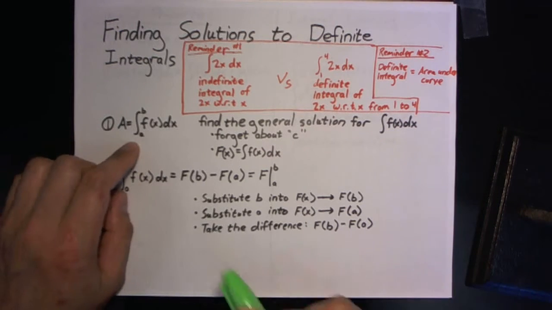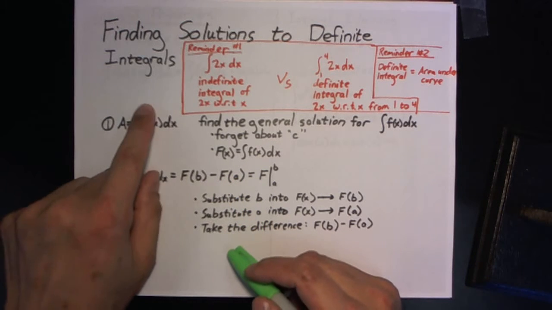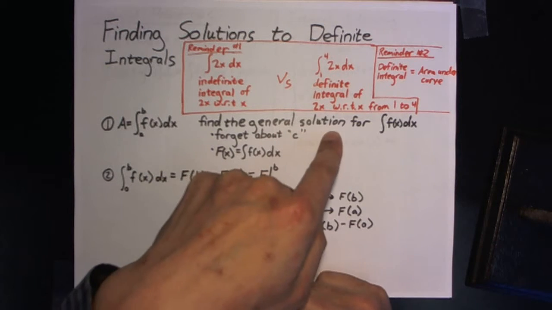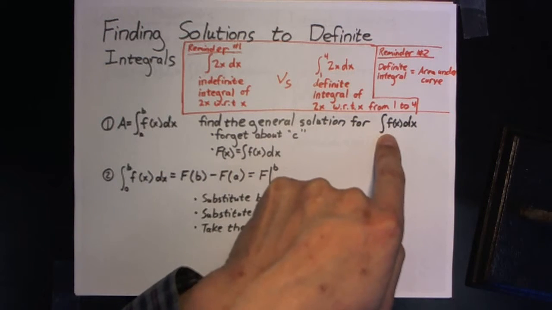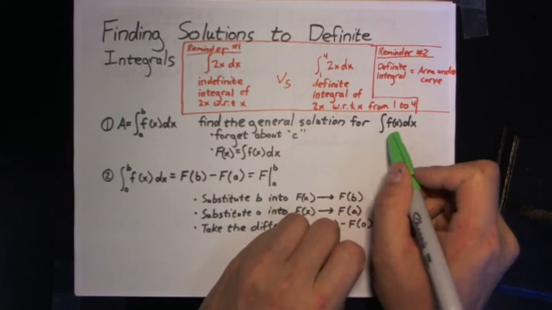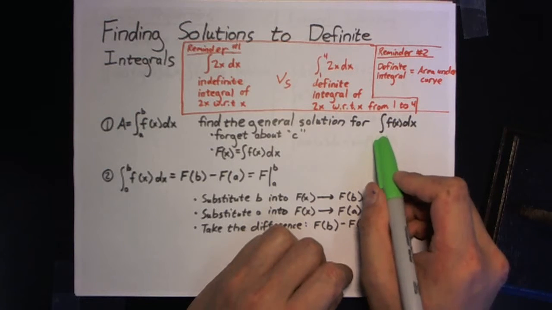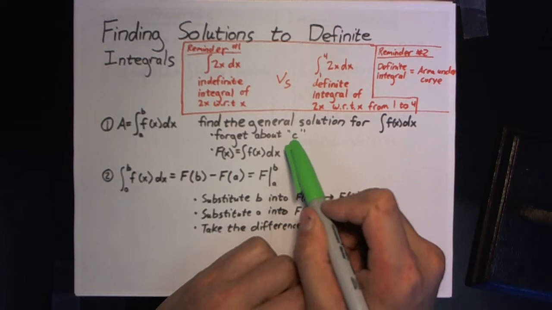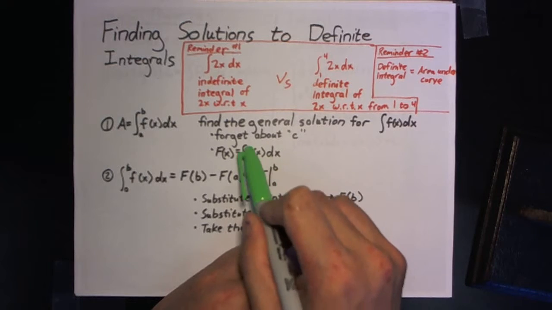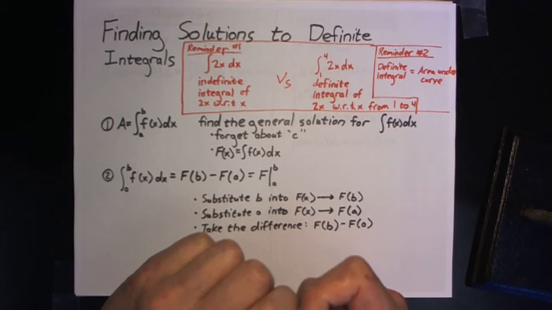The first step, if you start with A equals the definite integral from a to b of f of x dx, is to find the general solution for the indefinite integral of f of x dx. Notice that I took away the boundary values here. So the first thing you need to do is actually do an indefinite integral. You forget about the c at the end, and we'll call the answer that you get capital F of x.